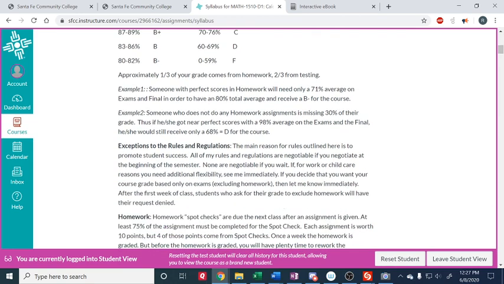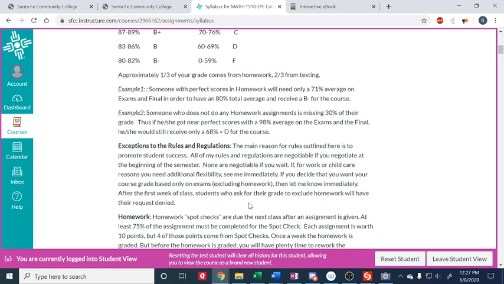Now that said, I then put this big exception. And I've had students in the past who have told me, I want my grade based not on homework at all, but just on the tests. And I can do that for students.